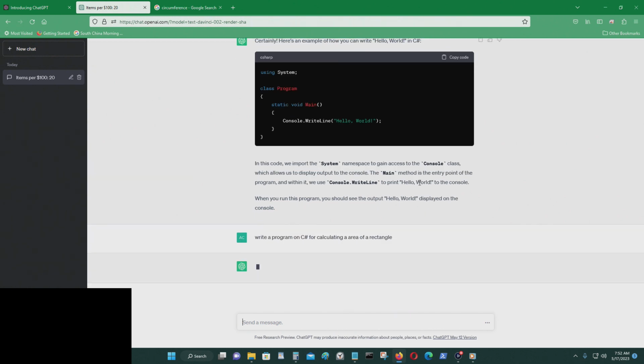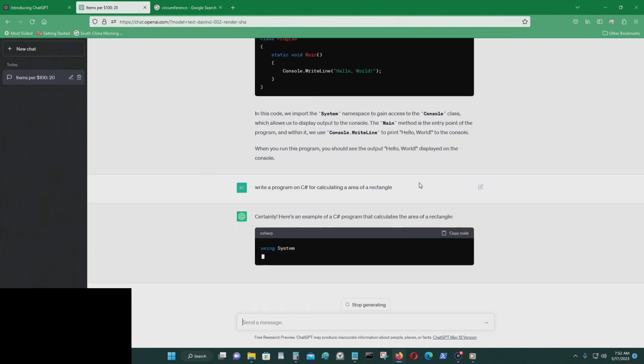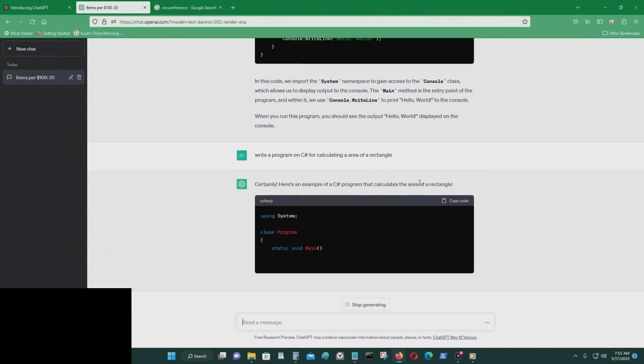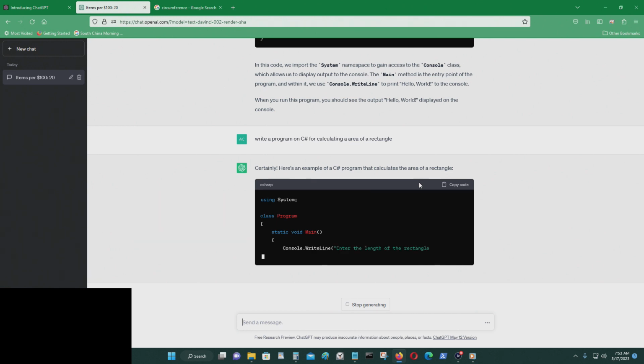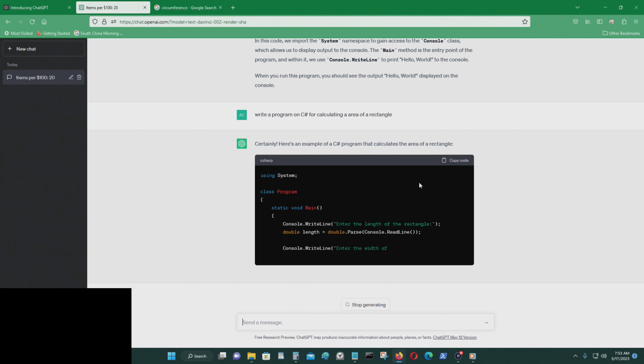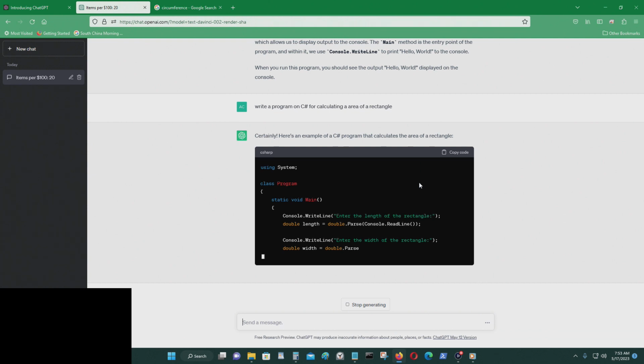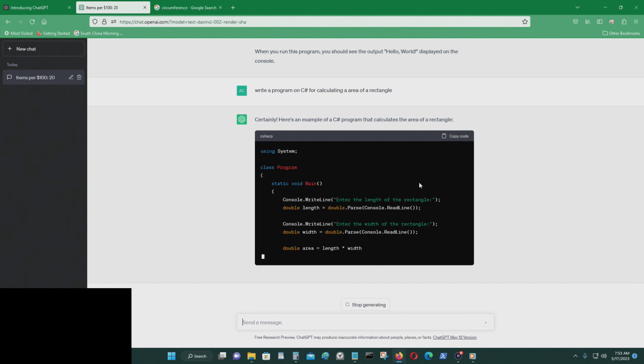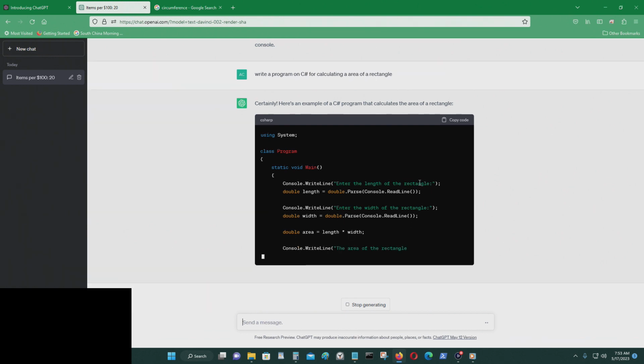Write a program in C# for calculating the area of a rectangle. That looks right to me.